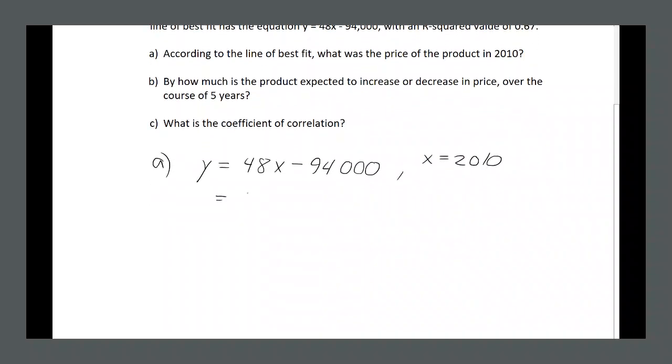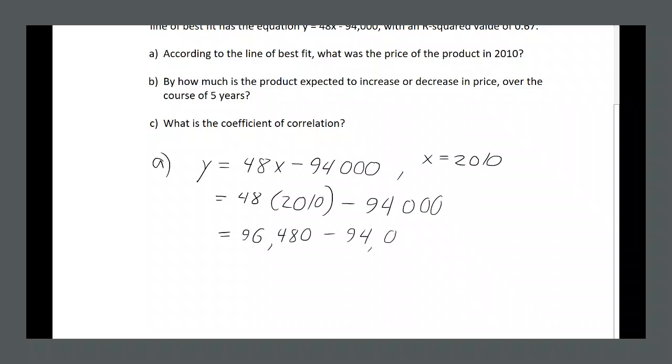So we have 48 times 2010 minus 94,000. So 48 times 2010 gives us 96,480. And that minus 94,000 is going to be 2,480.